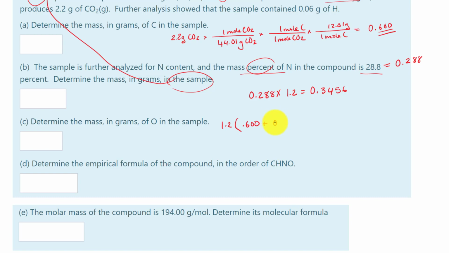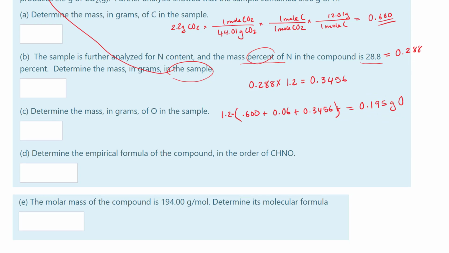Hydrogen is 0.06, followed by nitrogen, which is 0.3456. Oh, I forgot to put a minus sign there. Sorry about that. Then we plug in our calculator, and it turned out to be 0.195 grams of oxygen.